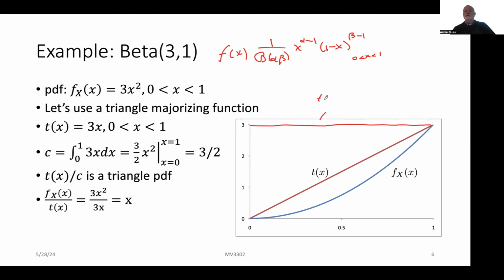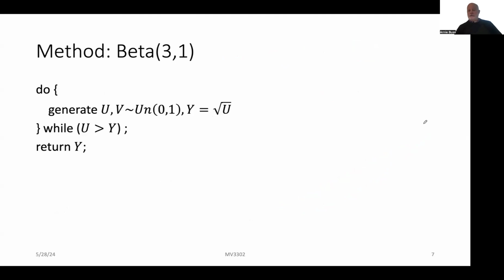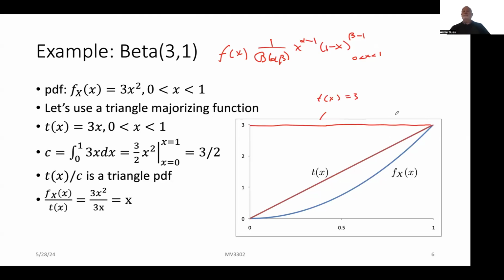This majorizing function would simply be 3. And it would have to be 3 or greater in order to majorize this function. So the maximum is at the endpoint of 1. Plug 1 in, we get 3. And so this is the best uniform one we could do.